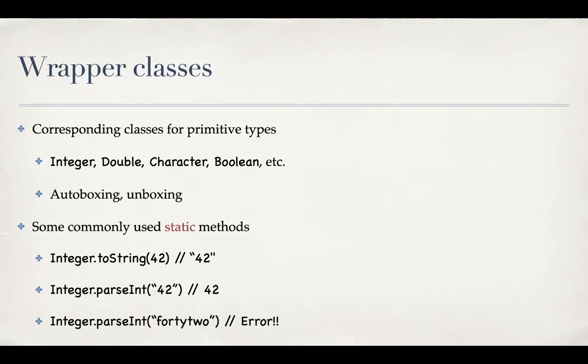But anyway, Java has what are called wrapper classes for the primitive types: capital I Integer, capital D Double, capital C Character, all spelled out, and capital B Boolean, etc. They can take values from the primitive ints and doubles and so on, and they can output values into the corresponding primitives. This principle is called auto boxing and unboxing.